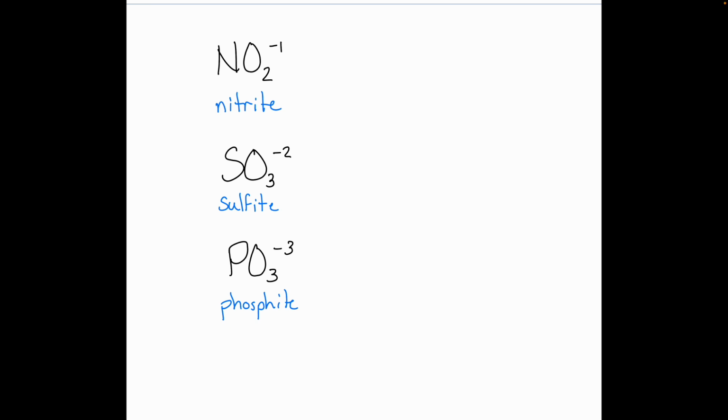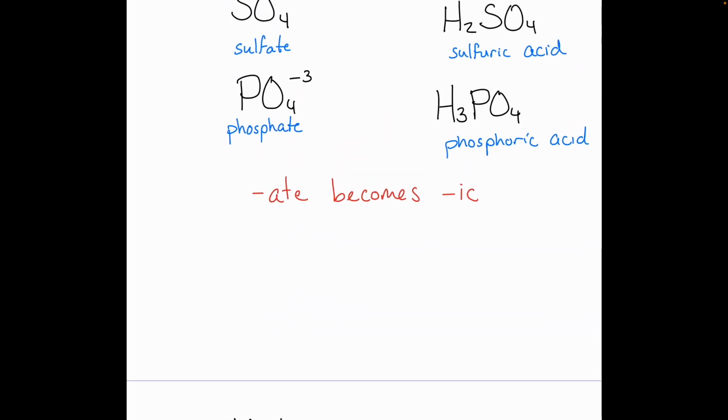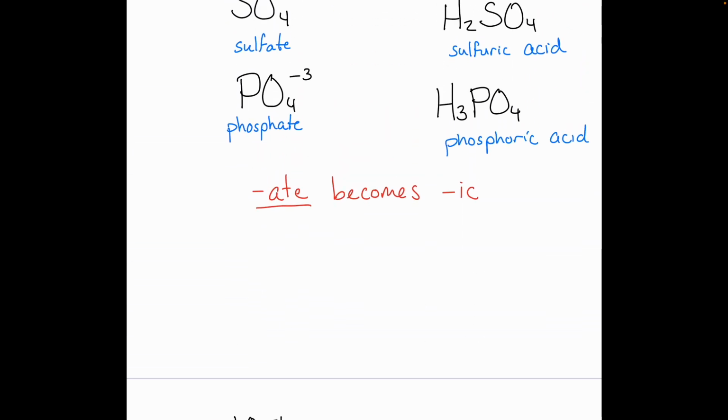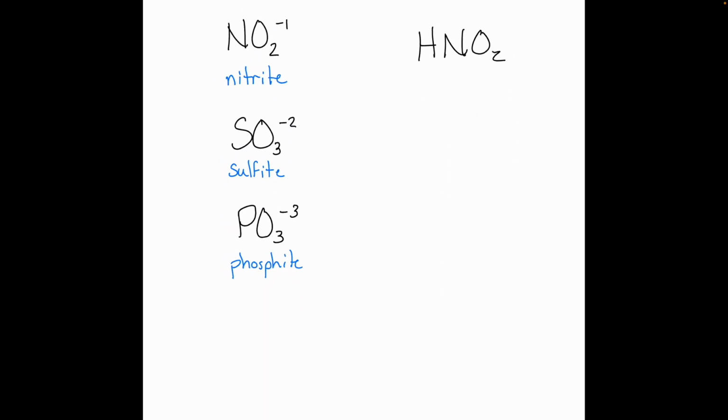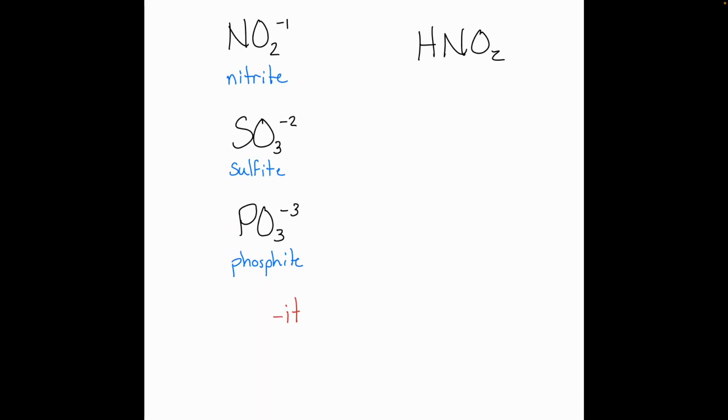Okay, so now again, I'm going to take these and make acids. And remember, we said above that the ate becomes ic. Now we're going to turn that ite ending into an ous ending.